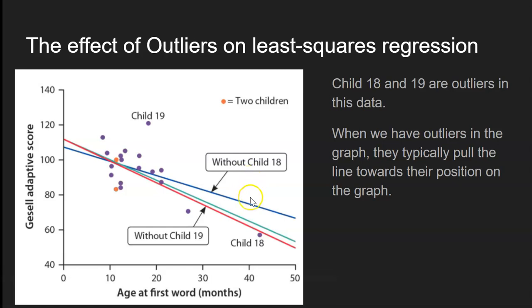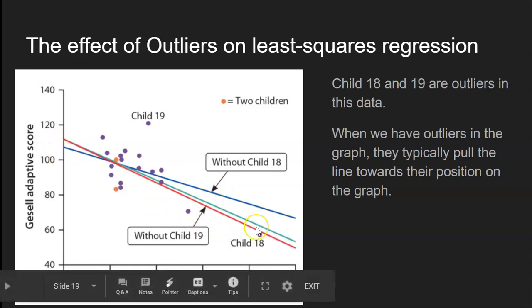If you answered that the slope became slightly less, decreased, and the y-intercept also decreased because of 18, then you'd be correct. Well, not including 18, I should say. If you're talking about including it with all my data, it's making it steeper and increasing the y-intercept. Kind of the same thing for child 19 as well.